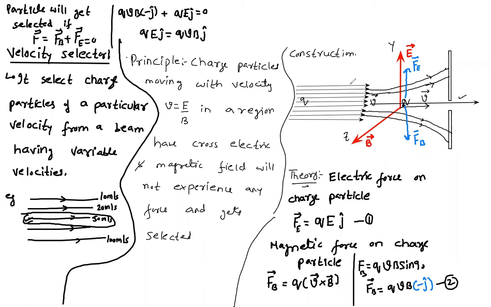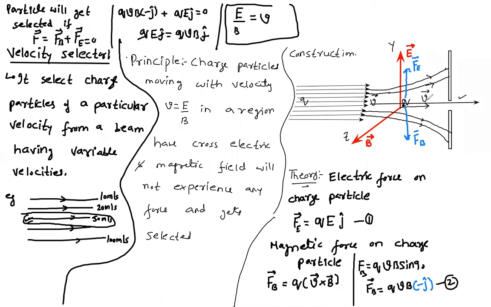Since both forces are acting in opposite directions, for a particular value of velocity they could be equal, meaning magnetic and electric forces are equal to each other. This j cap will cancel this j cap, this q will cancel this q, and you will see that E by B is equal to V. So if a charged particle is moving with this velocity, then electric and magnetic forces would be equal and in opposite directions, so they cancel out each other.